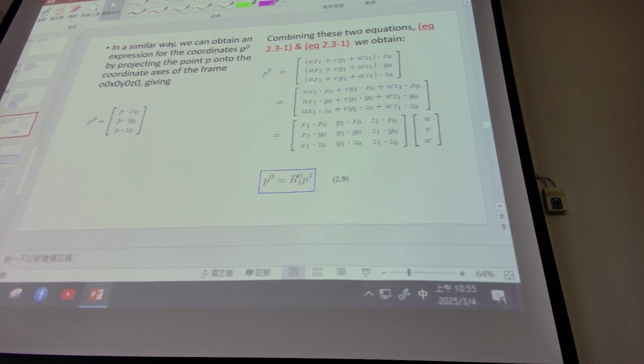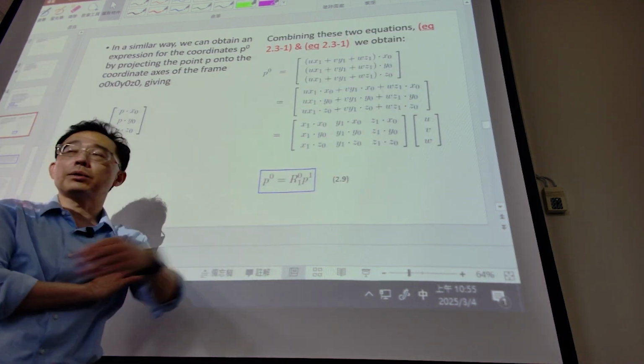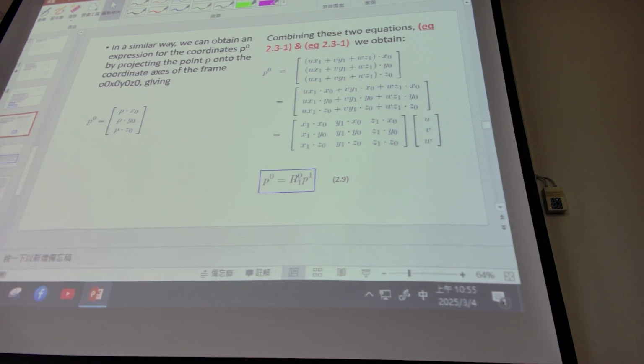Assume there's a rotation matrix R10. We already tried this in the beginning of the class. If you want to transfer some position from frame 1, then it will look like this.